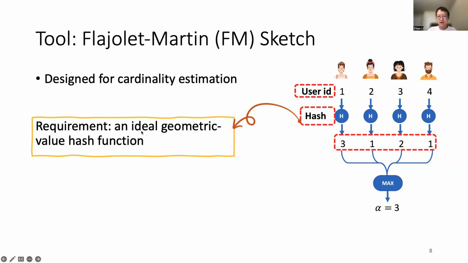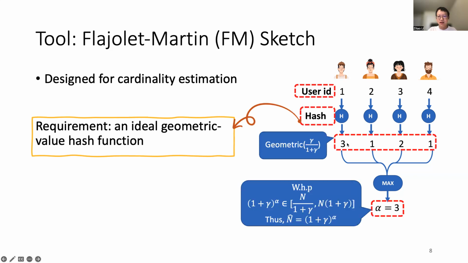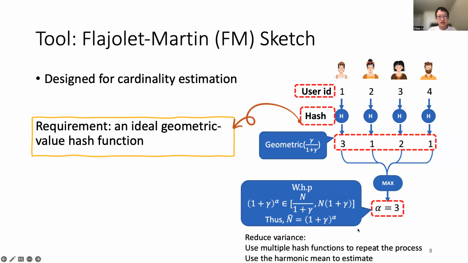The output of the hash function can be considered as random samples from a geometric distribution if the hash key is uniformly sampled. The FM sketch only contains the maximum of the hash values, and the cardinality can be calculated from this FM sketch. To reduce the estimation variance, people usually use multiple hash functions to repeat the hashing, and use the harmonic mean of the outputs as the final estimate.